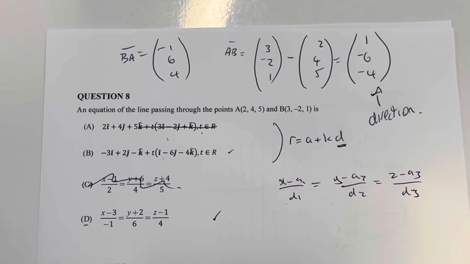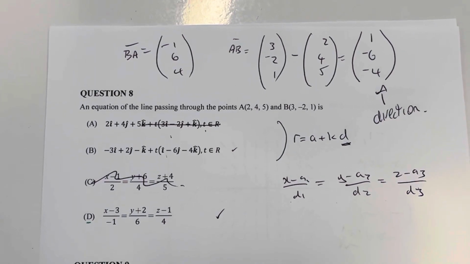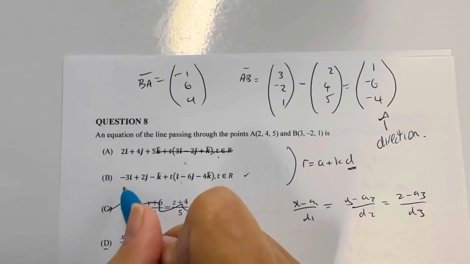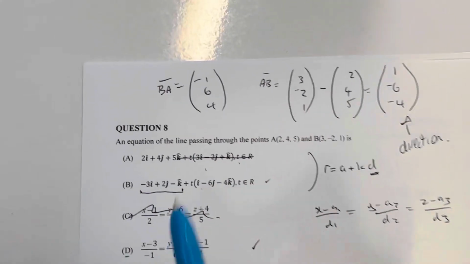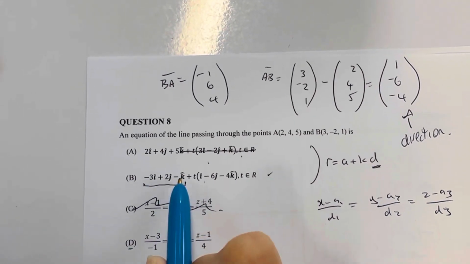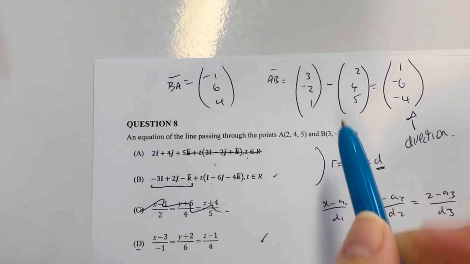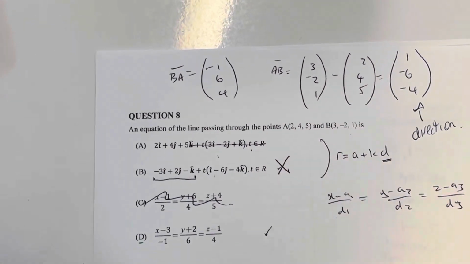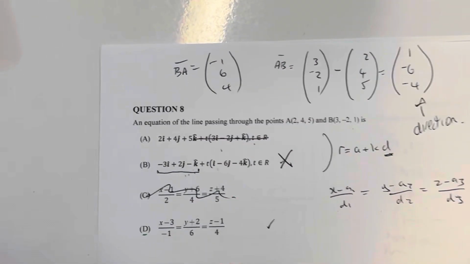We now have to look at the point it passes through. In this one, the point here is negative 3, 2, negative 1. That is not what point B is. So that's not going to be that one, because that's not the point.